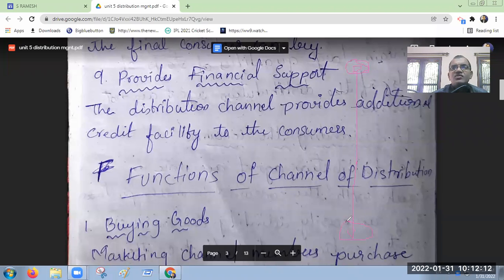A villager, this customer, sometimes will not be able to make payments immediately. So he wants to pay in installments. The manufacturer who is sitting in Delhi will not give that opportunity, whereas the nearby kirana shop wala will give that opportunity.